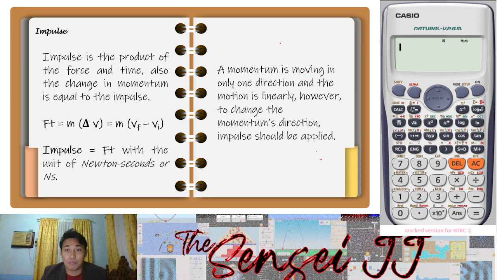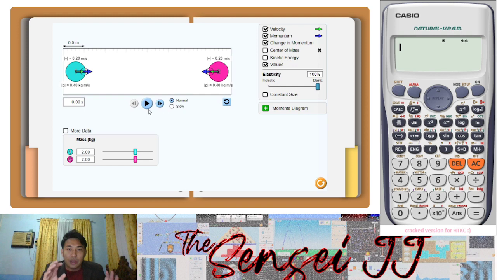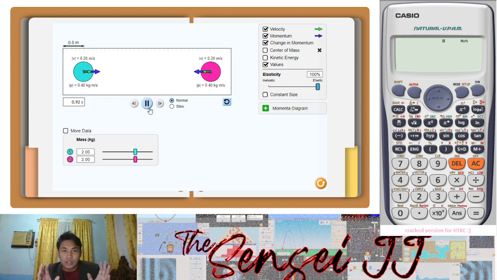This is where the impulse will be introduced. When we talk about impulse, if you want to change the course of the bullet, the same amount of force and the same amount of momentum should be applied in order to change its course. For example, we have this video.